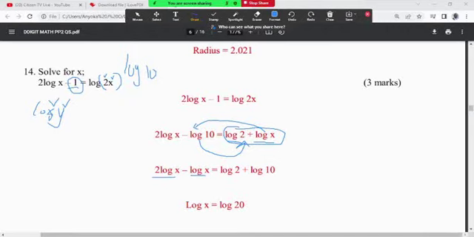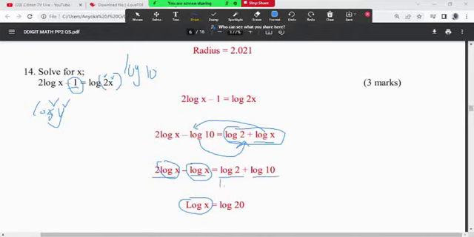This is treated as algebra. Like terms. Log x, but now here there are 2 log x. So 2 log x minus log x is log x. It's like 2a minus a. It's 1a. So it is equal to log 2 and log 10.